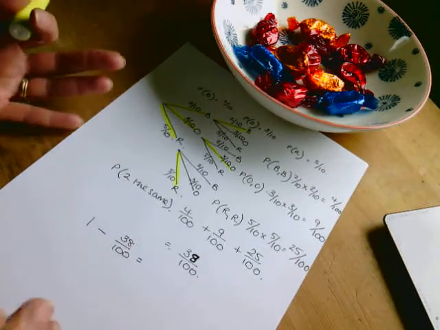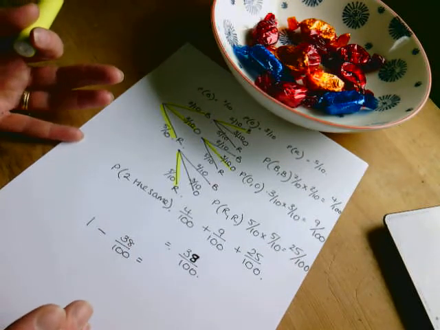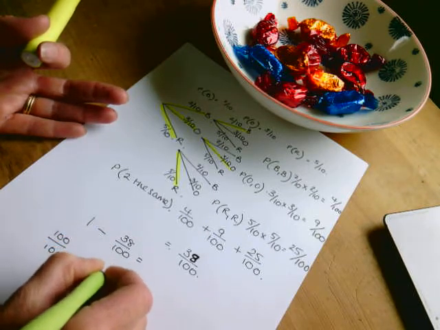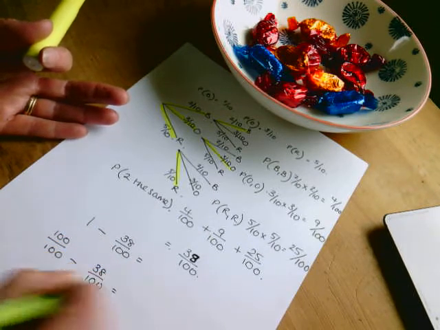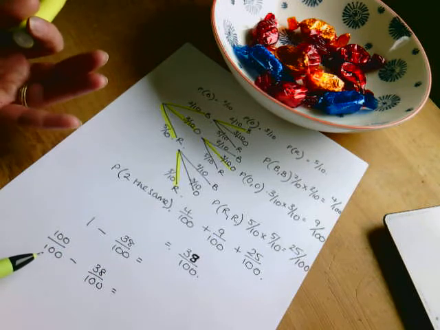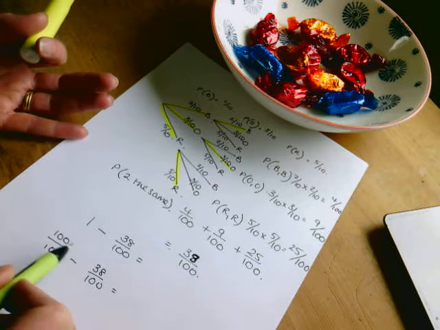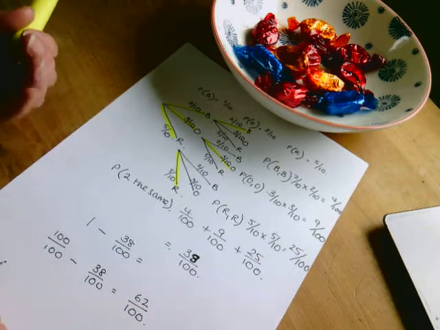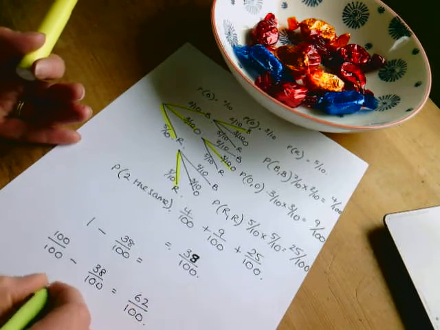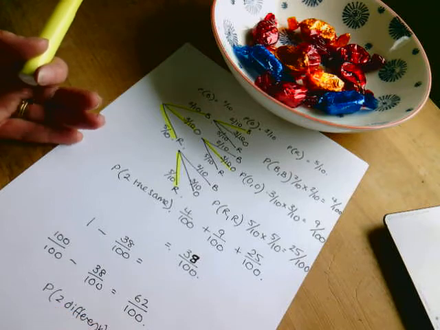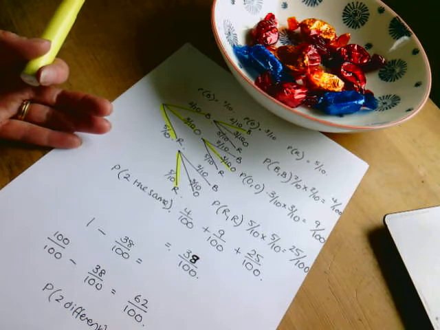If I write 1 as a fraction with a denominator of 100, that's 100 over 100. And the numerator and denominator are the same. That means it's equal to 1 whole. 100 take away 38 is 62 over 100. So the probability of two different sweets is 62 over 100.